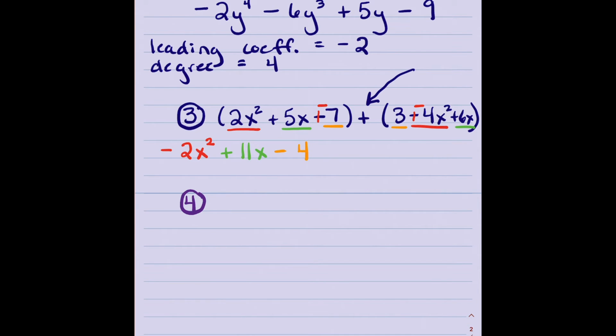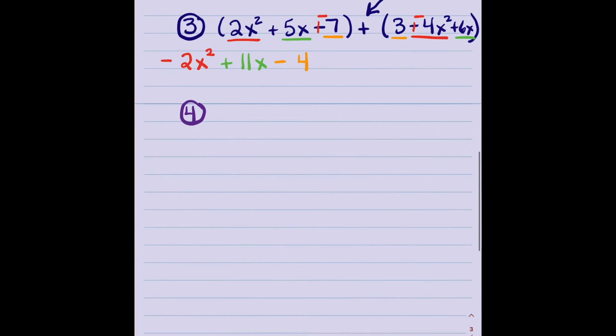Example 4 wants us to find the difference. So we have this polynomial 3 minus 2x plus 2x squared. And then we have a minus sign between some parentheses. And this is something that often people get in trouble with, and they make mistakes.